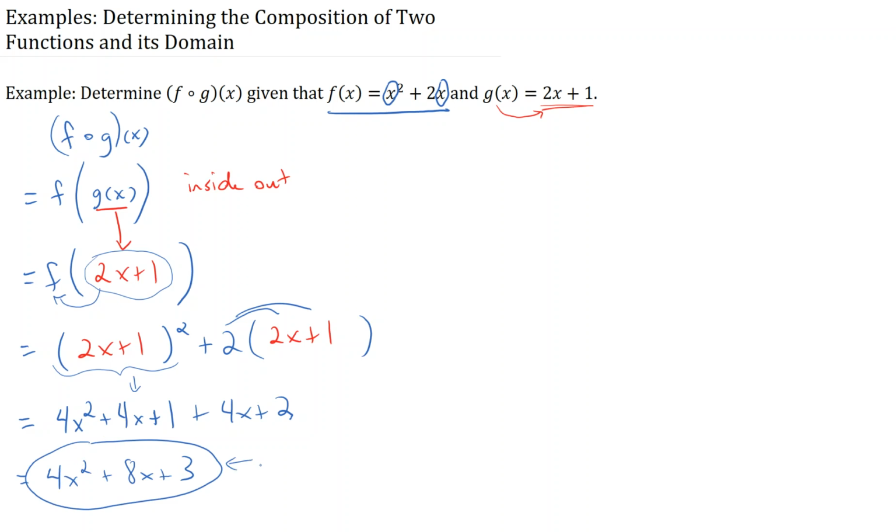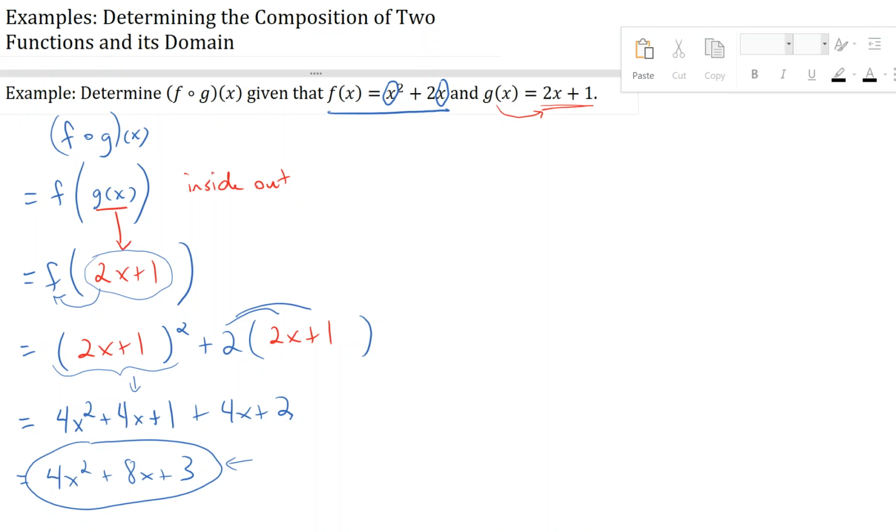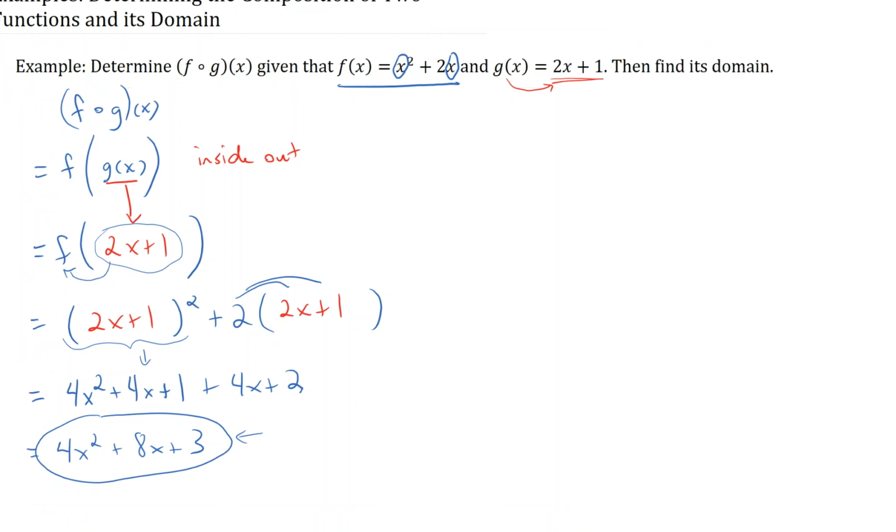Now the second part that I'm going to do here is find the domain of this new function. So when I want to find my domain, I have to look at my function before I simplify. So this step here, before I distribute or anything, I'm going to find my domain before simplifying.